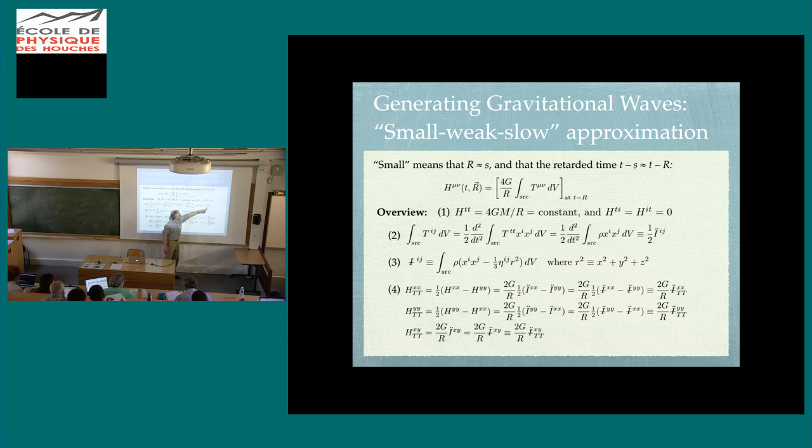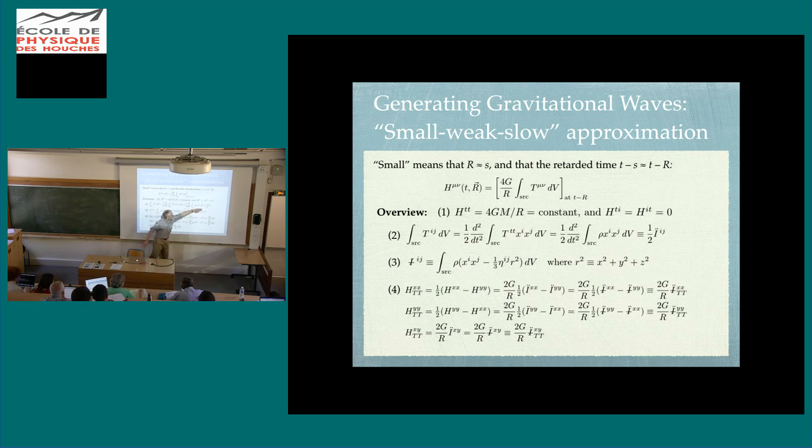And so you're basically saying you take 2 time derivatives of the quadrupole moment tensor. That gives you what this integral is. And the only other thing this depends on is local conservation of energy and momentum. In other words, the divergence of the stress energy is 0.